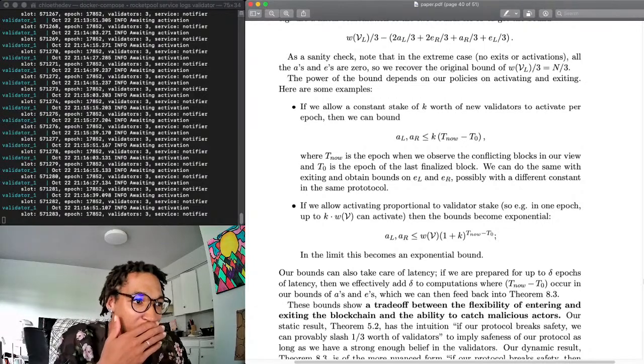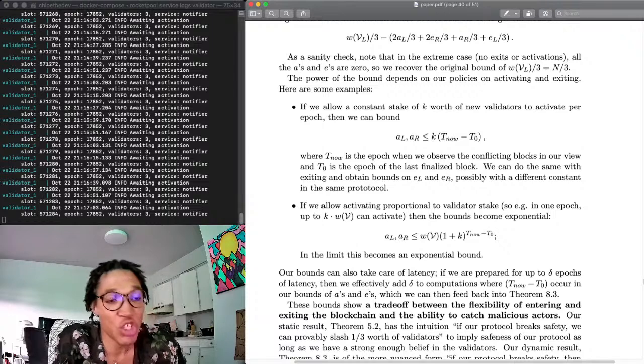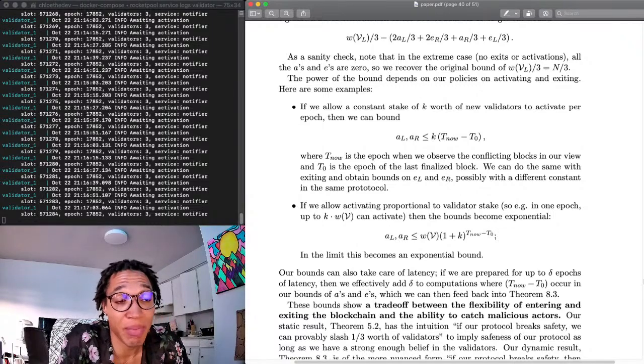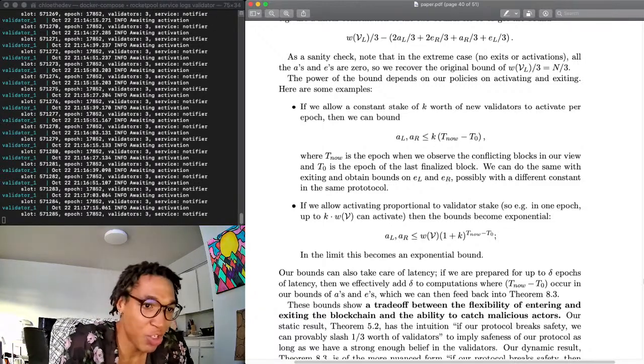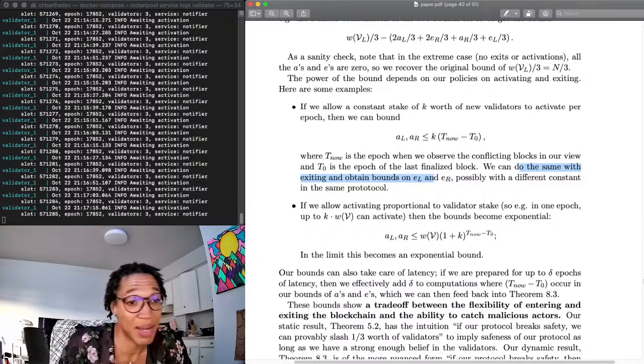We can do the same with exiting and obtain bounds on EL and ER. So you can actually stop people from exiting, or figure out, if there's a conflicting block and you're trying to exit, we're not going to let you exit for a certain amount of time to ensure that we have enough time to figure out which block was correct, and then slash you if you do something wrong. We can do the same with exiting and obtain bounds on EL and ER, possibly with a different constant in the same protocol.